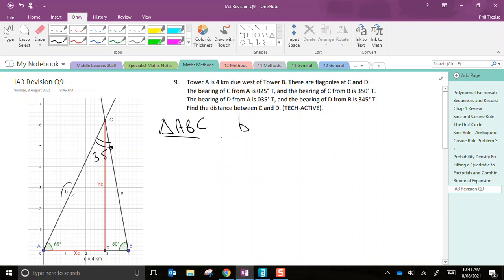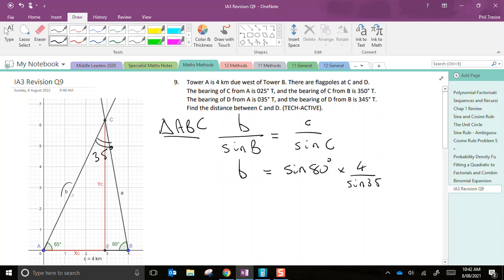I could go b over the sine of angle B equals c, which is the edge I do know, over the sine of angle C. So b would be the sine of angle B, which is 80 degrees, times c, which is 4 kilometres, over sine 35. And that gives me that edge b is 6.8.